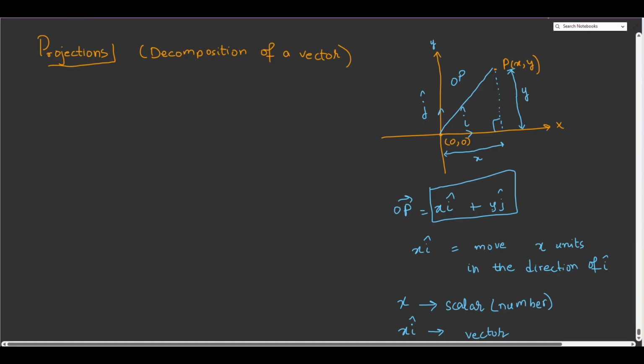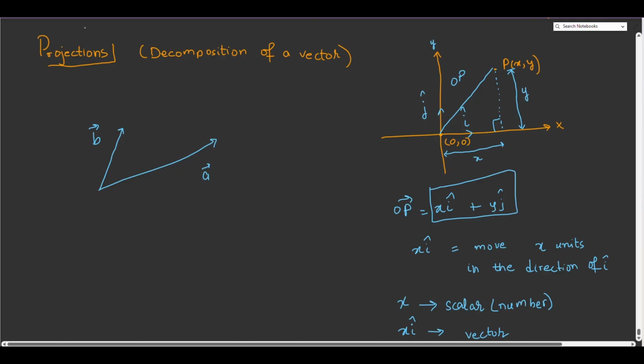Similarly, suppose we have a vector A, and we have another vector B. They are not the same as i and j.